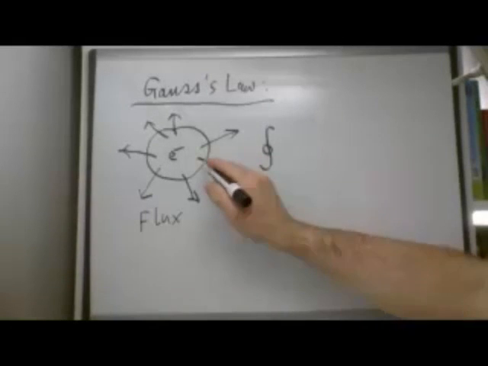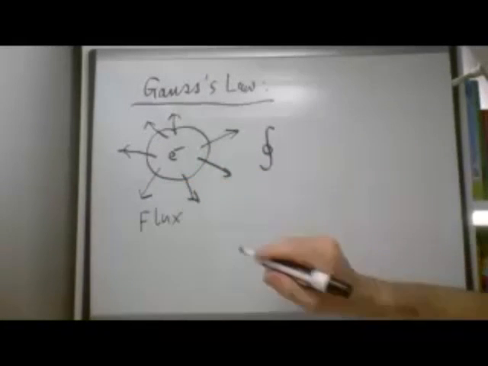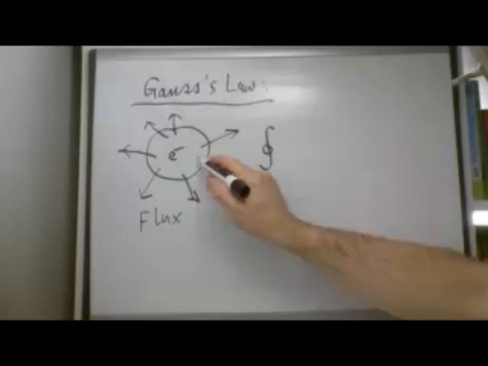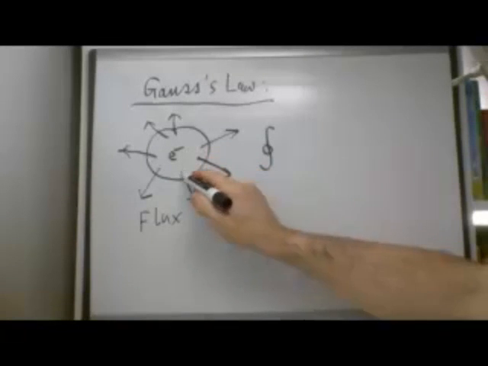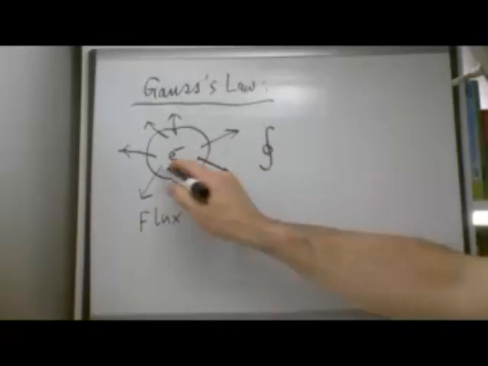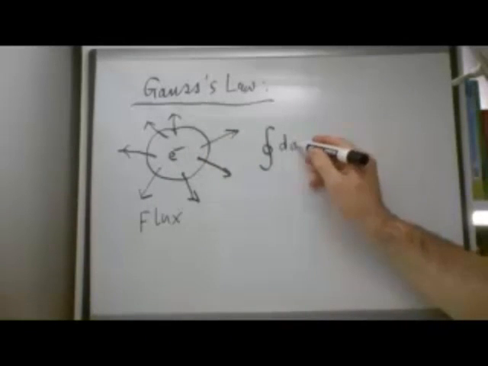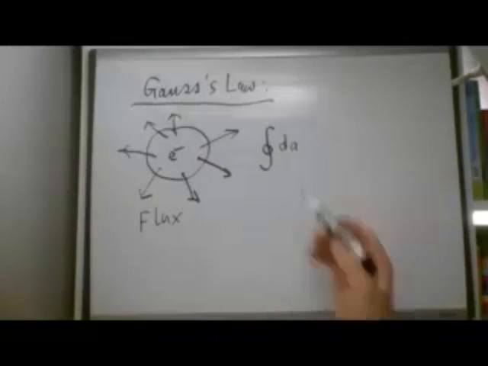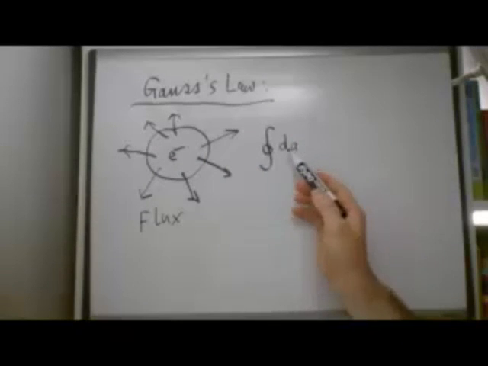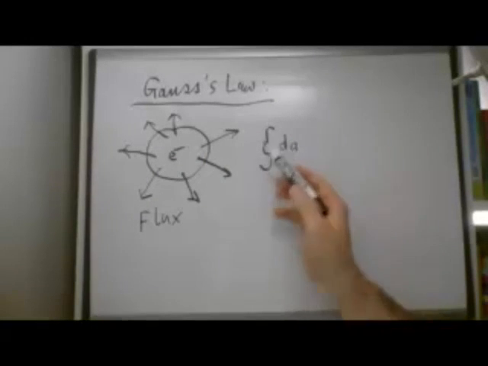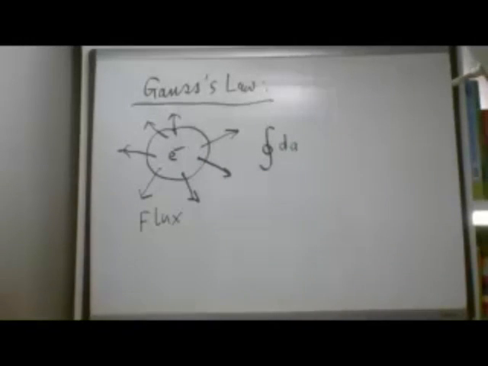And each one of these, let's say it's a unit area. So this occupies a surface area, this occupies a surface area. So we're going to sum over all of the surface areas dA. So sum over the surface areas dA, this just means the total area of our cavity.